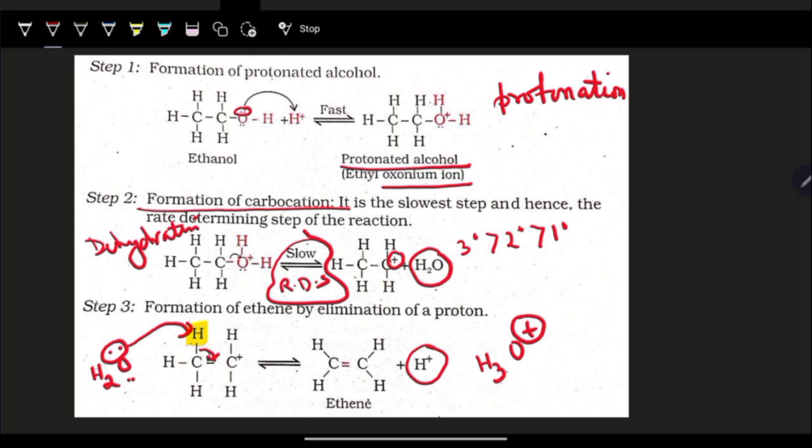Since the stability of the carbocation is 3 degree greater than 2 degree greater than 1 degree, the same order is followed by the alcohols for reactivity. And finally, the proton is abstracted by H2O, with formation of a double bond, and you get the alkene.